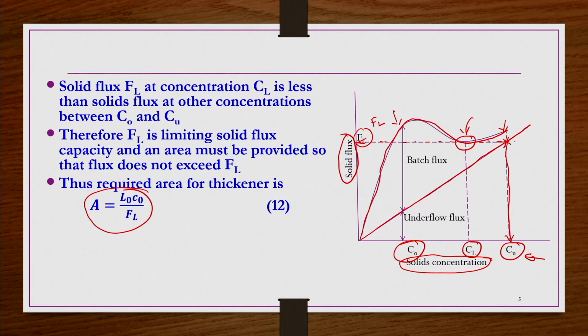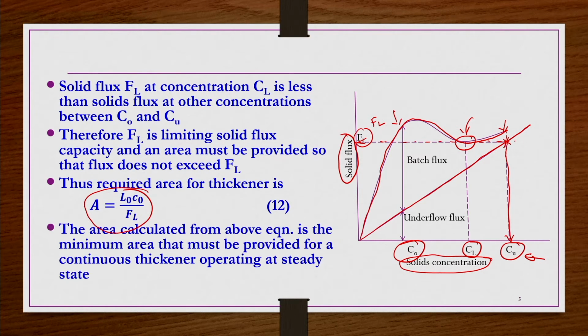So, if you find Fl, then directly you can calculate the area using L naught C naught divided by Fl. The area calculated from the above equation is the minimum area that must be provided for a continuous thickener operating at steady state.